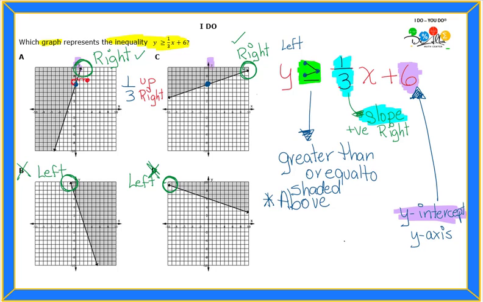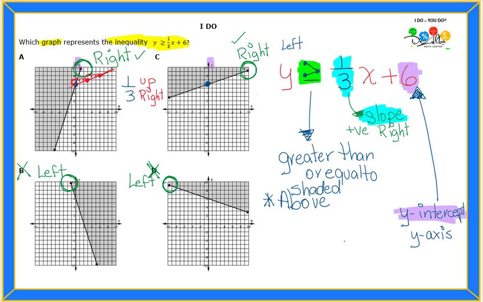Is that point on that shaded area? Is it even on the line? It's not. So I can tell that's not going to be my answer, because if I do it again, 1 up and then 3, 1, 2, and 3. Look at the line that I'm looking at. That's far away from the graph that we have in A.